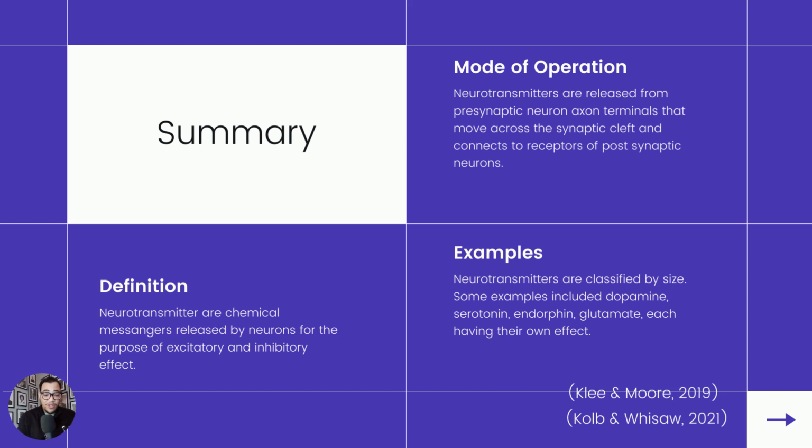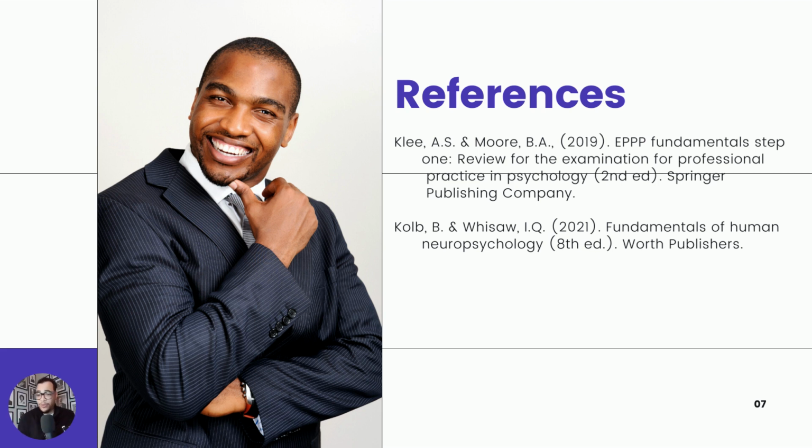And there are a number of examples of different neurotransmitters. They're classified by size, and you may have heard of dopamine, serotonin, endorphins, glutamate, and they all have their own effect.